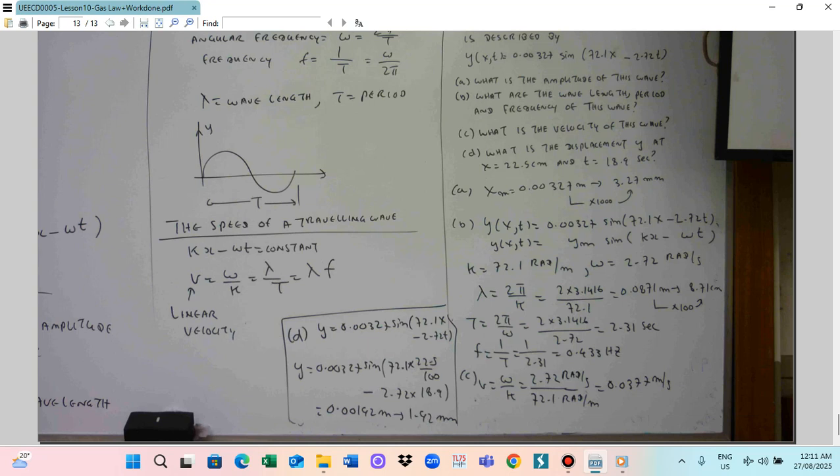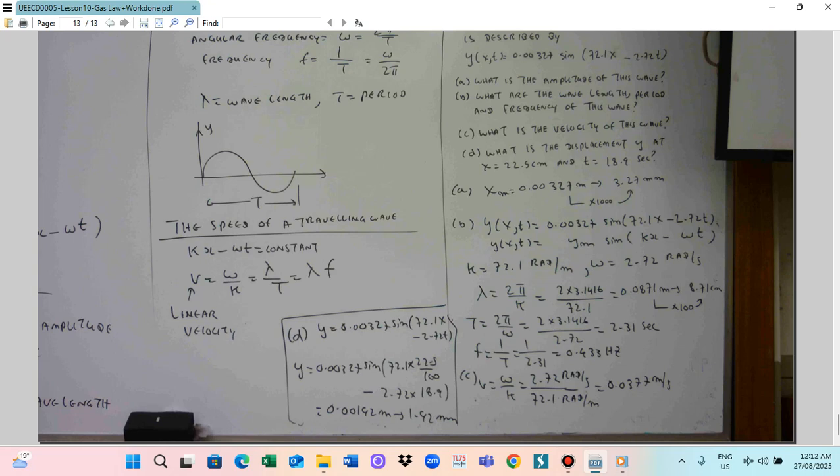So the formula is radian per second divided by radian per meter, and the answer is in meter per second units. So it is 0.0377 meter per second. This is the answer we got for C.